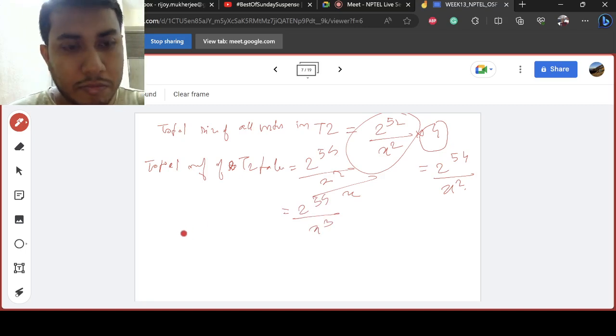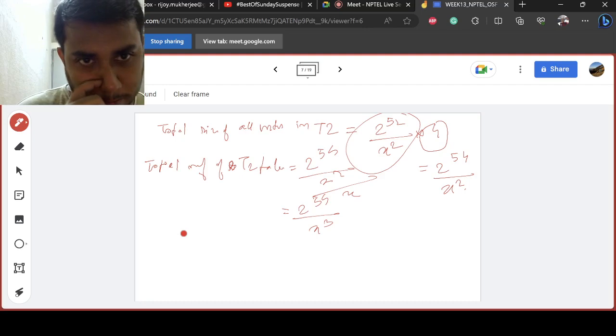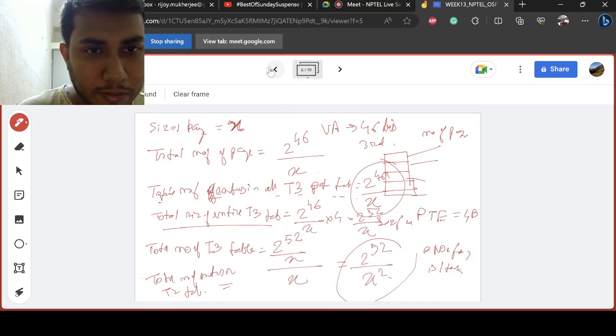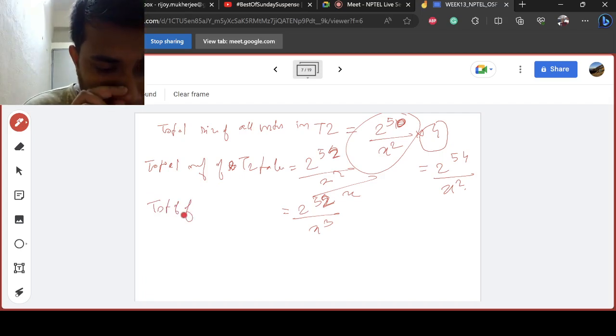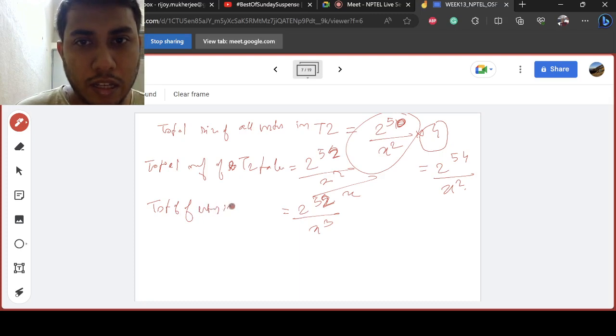Now this is the total number of entries in all T2 tables, that is, the total number of entries in T1.